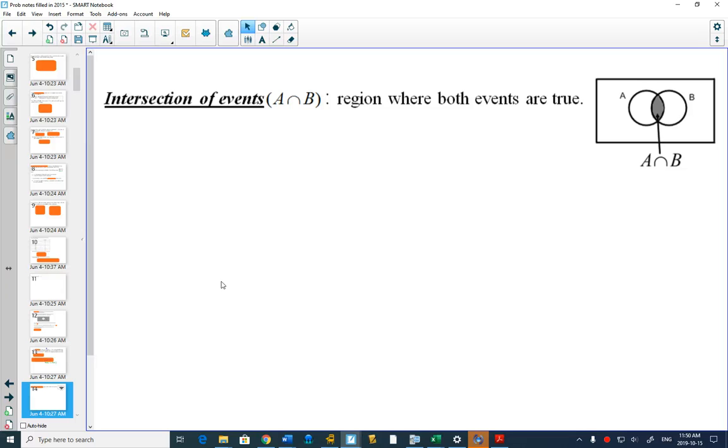And this symbol here, when we're reading it, we would read that symbol as and. In fact, I think of the symbol itself as very close to being an A if I had drawn a line across it. And that's how I remember that that means and. It has to be in A and it has to be in B.